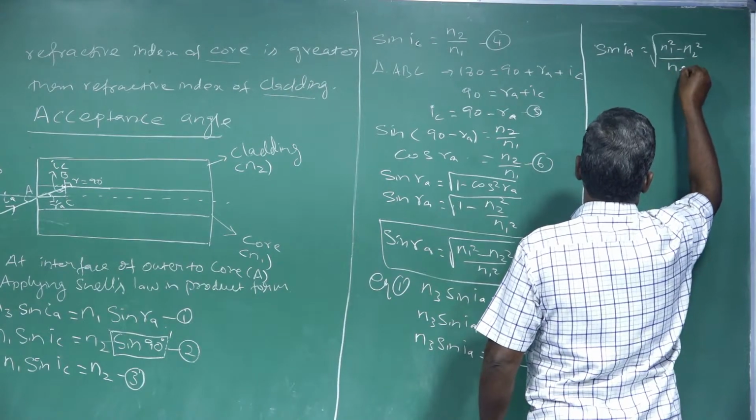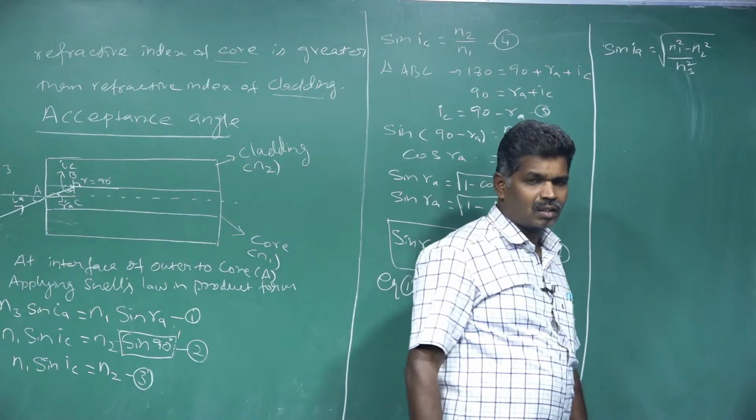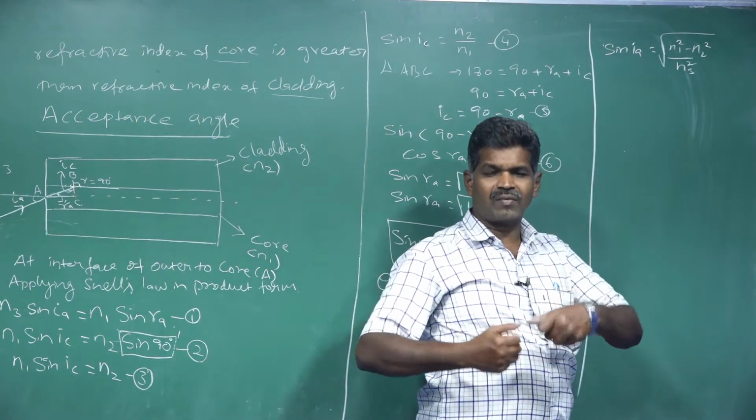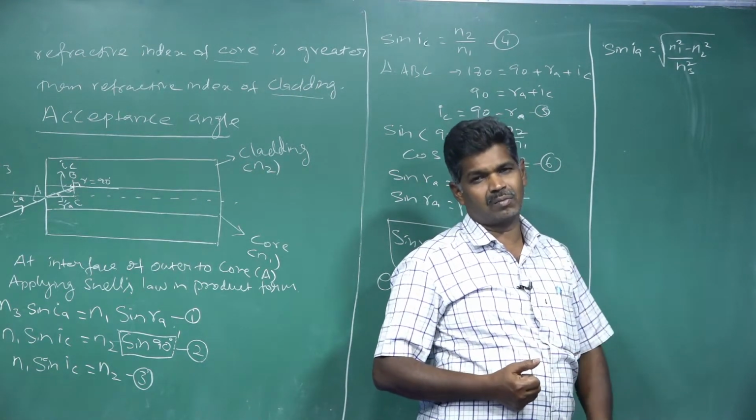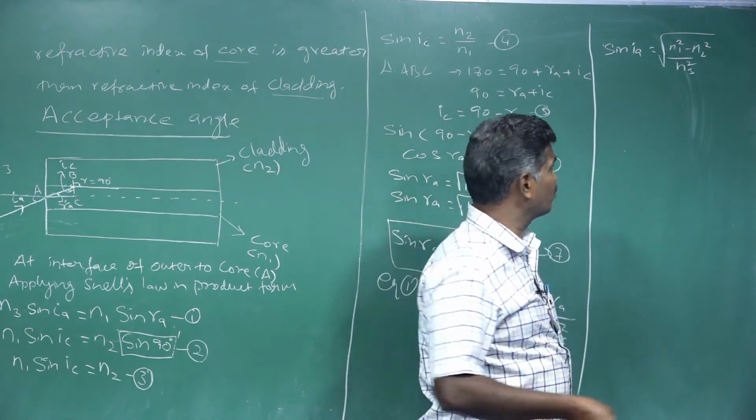In general, where do we place the light source? In an air medium, so the outer medium is air.